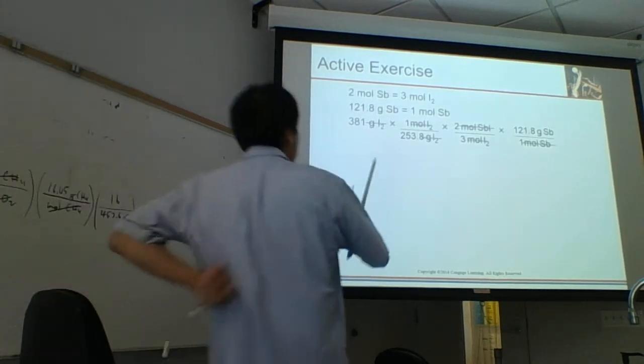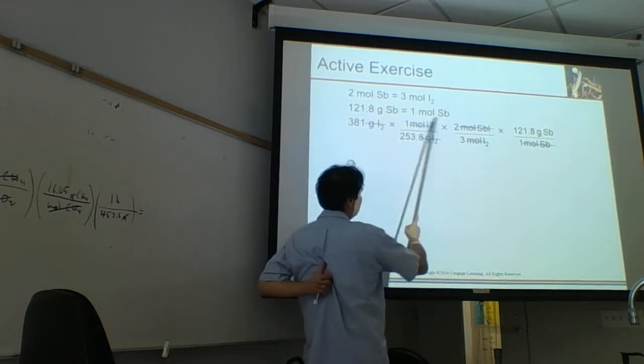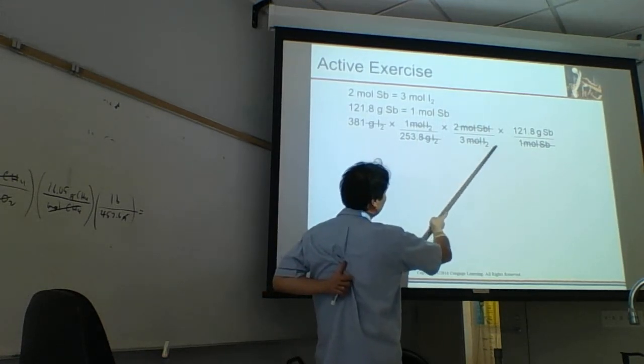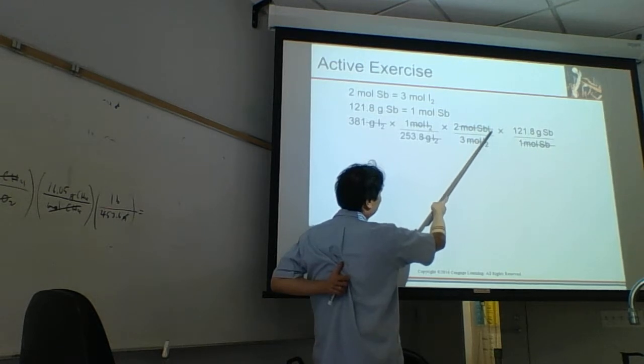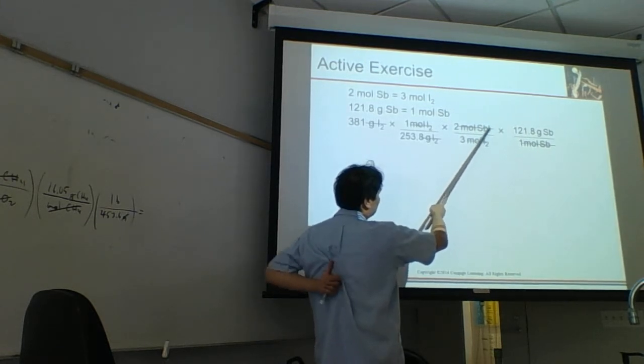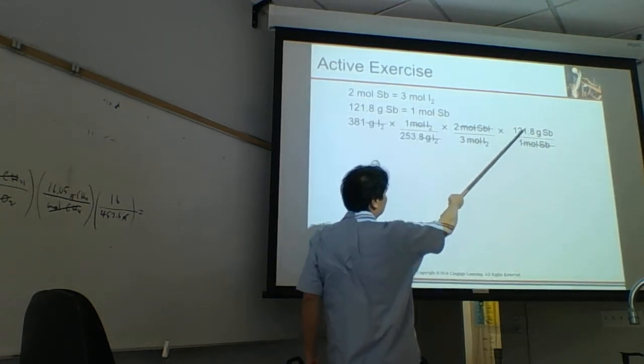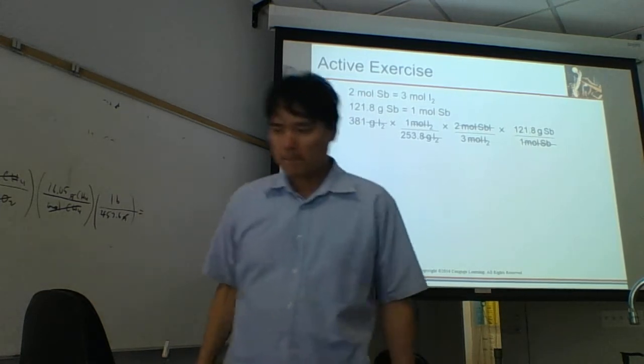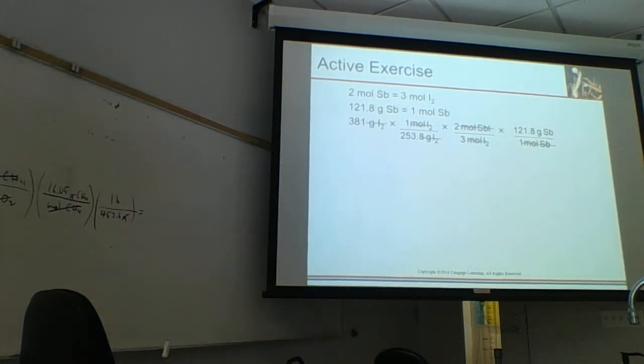So we go from grams of iodine to moles of iodine, moles of iodine to moles of antimony. This is a typo here. From moles of antimony to grams of antimony. And so that amount of iodine will react with 122 grams of antimony.